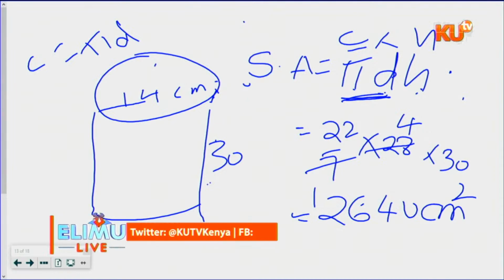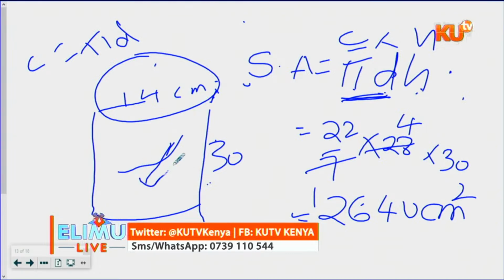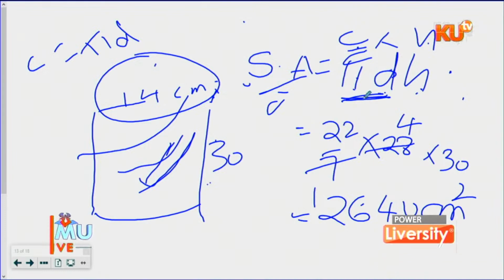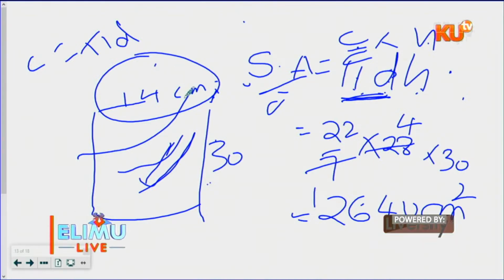The question, this one was painted white, and that is simply the curved part. This curved part was painted white. So we say surface area of the curved part is equal to circumference times height. Circumference is given as pi d. Circumference is simply the distance going around this shape on top.